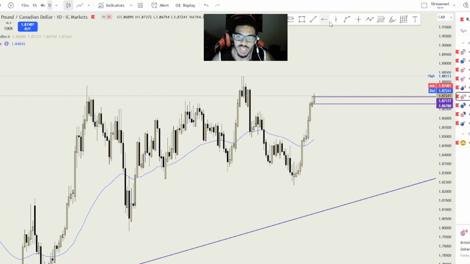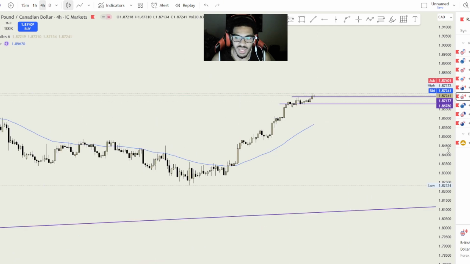So it could either reject from this zone here and have a nice big push down again for a couple of days, or we could continue to go up, but we'll have to wait and see how price reacts in the next few candles.